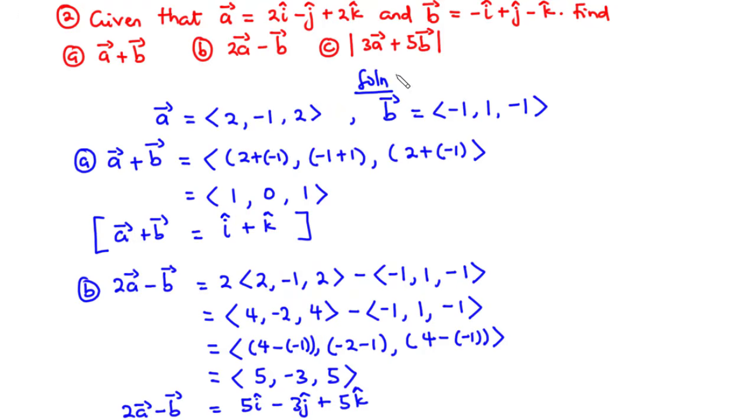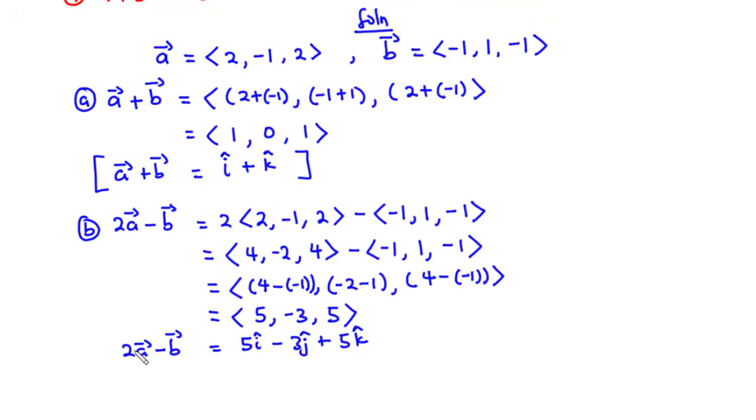Now let's solve for C. For C, we are going to find the magnitude of the vector 3A plus 5B. First of all, we need to find the vector 3A plus 5B.